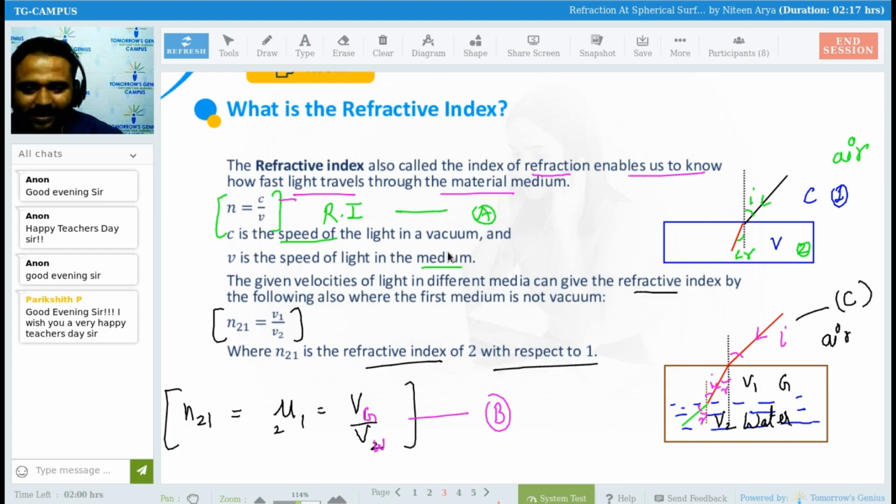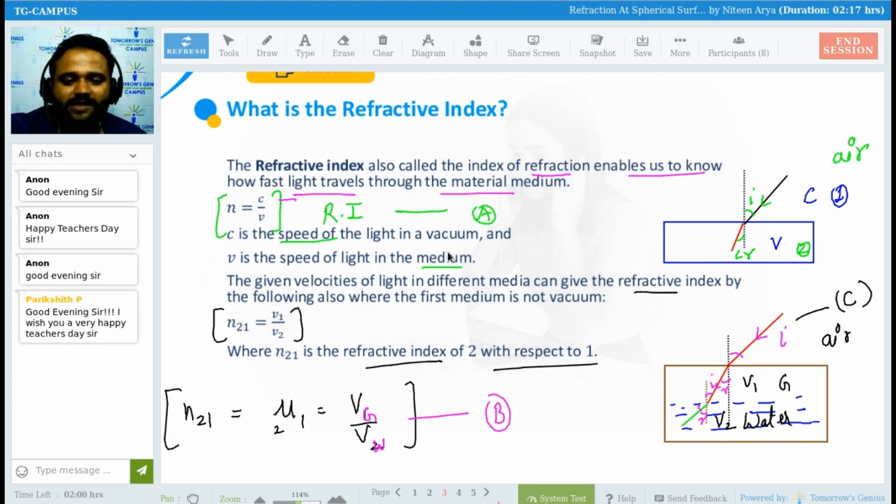So the important thing: wherever you need to find the refractive index, you put the velocity of light in the second medium in the denominator. Clear? In the denominator we put the velocity of light in the medium which gives you the refraction, the second medium itself, without a doubt.